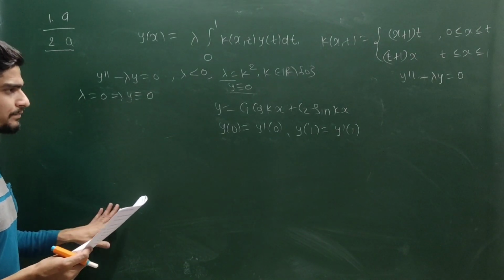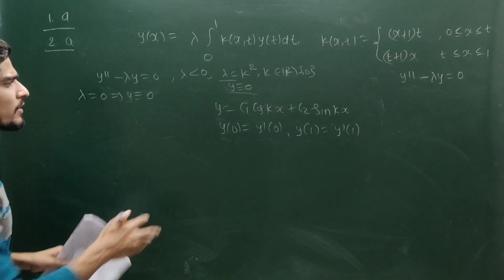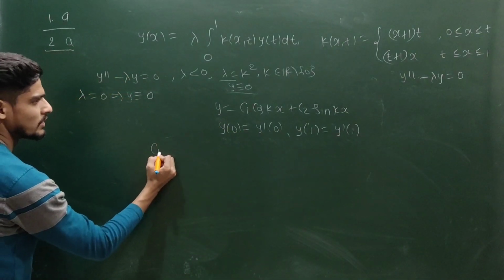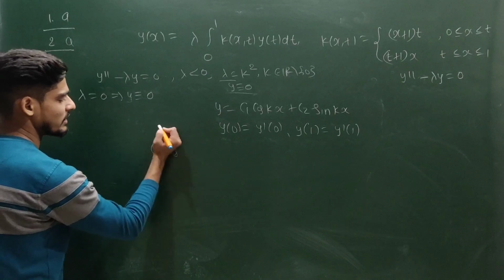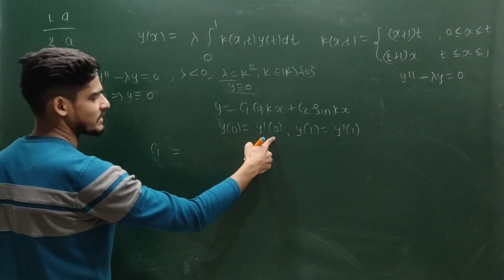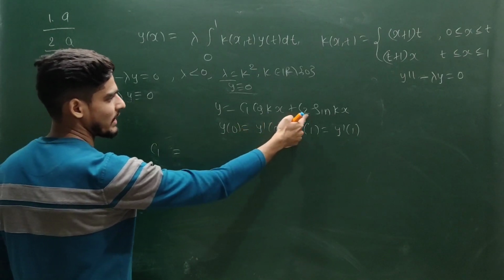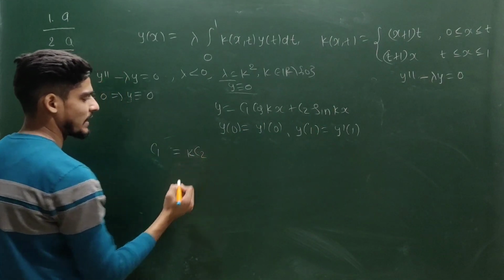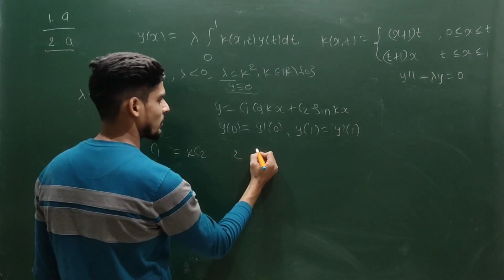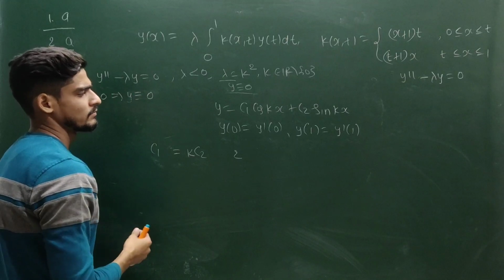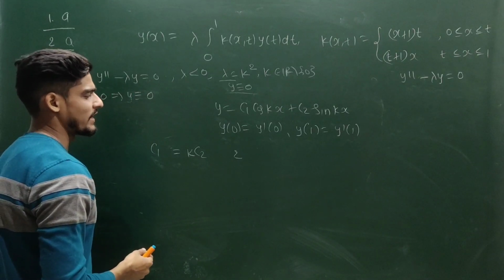Okay, 1 second. Let me verify. If I choose y at 0 is the same as y dash at 0, then what will I have? I will have c1 cos k, y at 0 will give me only c1. c1 is the same as y dash at 0. If I take the derivative, then I will be having the cos term here. So this is c2 times k, and y at 1 is the same as y dash at 1.